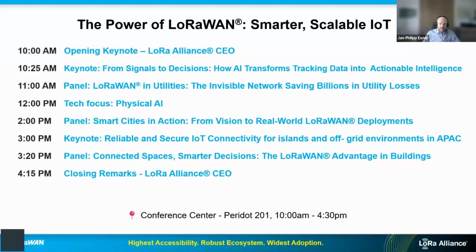We have a dedicated smart city panel, also with real applications, and another keynote and panel closing up the sessions, focusing on solutions as well as smart building solutions and reference stories. So a wide range of topics from the whole smart city and smart building field.